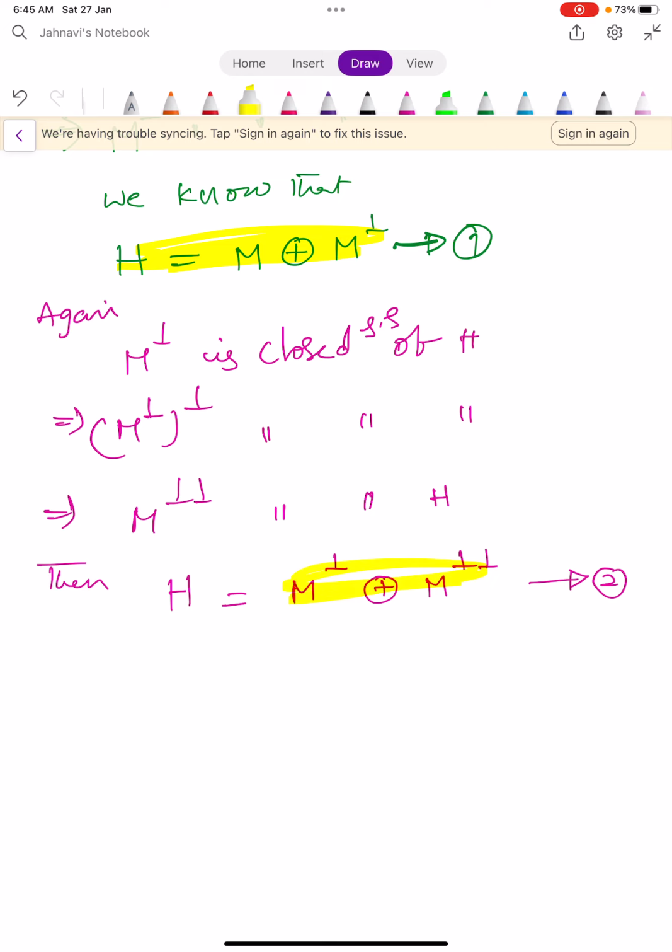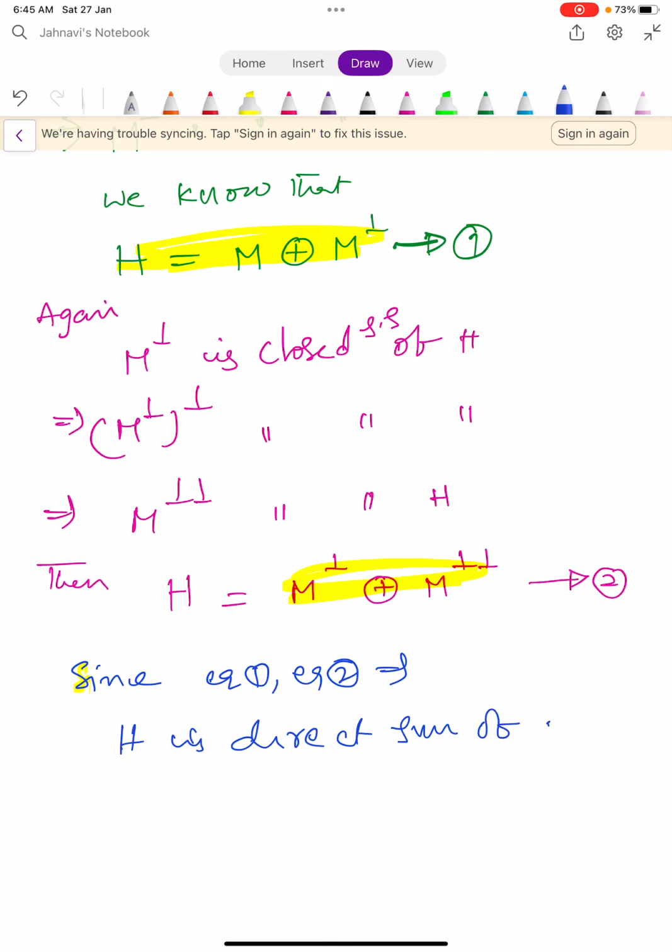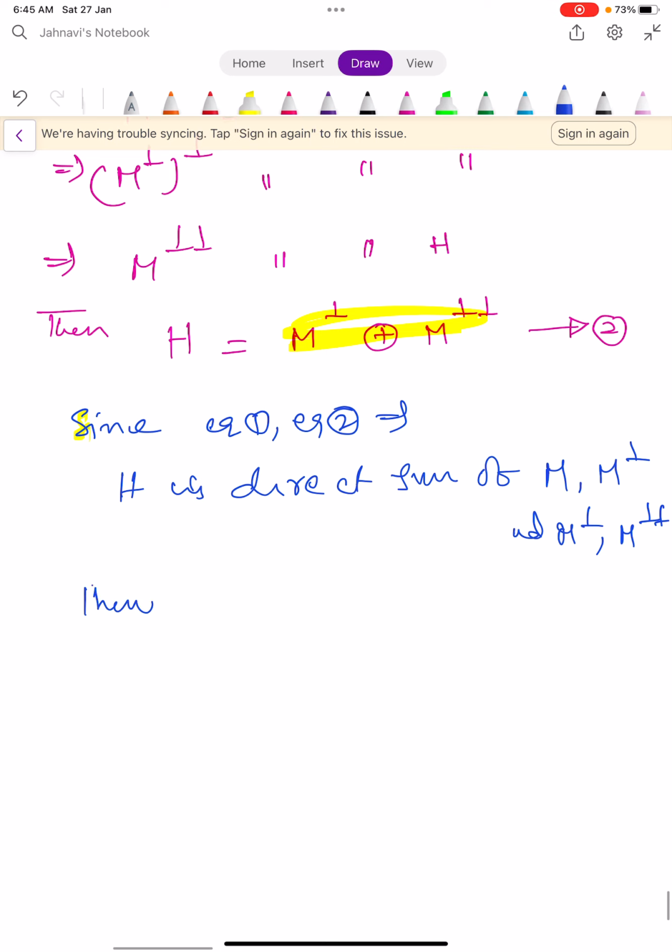So both equations 1 and 2 represent H as a direct sum of M perpendicular and M, and of M perpendicular and M double perpendicular. We conclude that this is only possible if M is equal to M double perpendicular. That's it. Let us see the converse part.